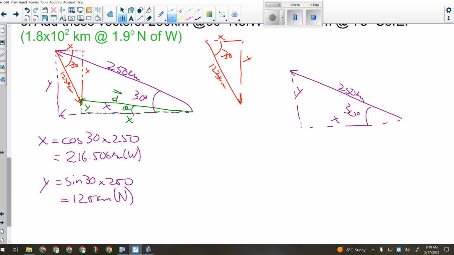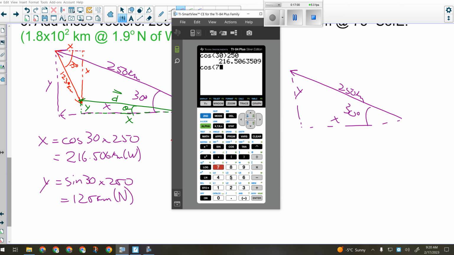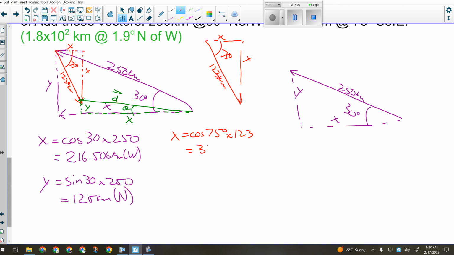And then for our red triangle, red x is also adjacent, so that'll be the cos of 75 degrees times 123. So 31.835 kilometers east.